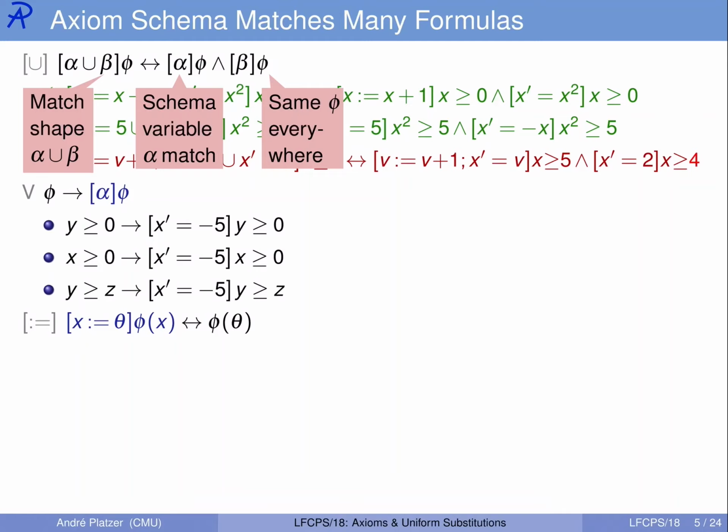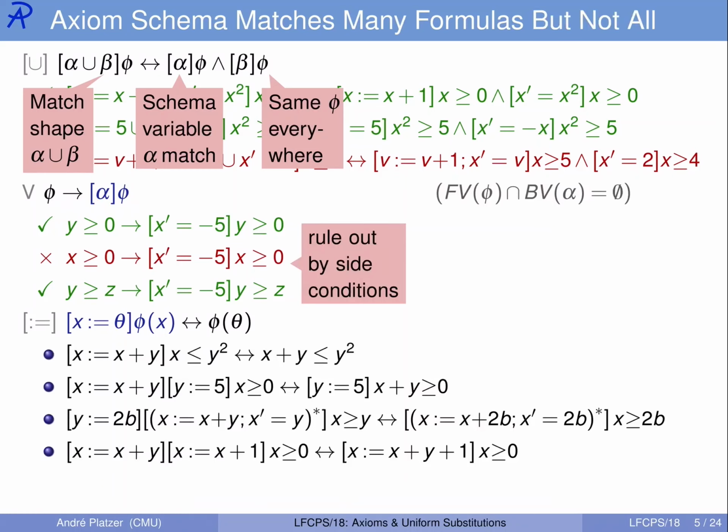And it only gets more complicated for other axioms like the vacuous reasoning principle, which has these as instances, except please not the second one, because that one is actually an incorrect reasoning principle. And that is ruled out by saying, well, this is the reasoning schema, except it comes with side conditions that say, well, please only use it if the free variables of the pre and post condition phi intersected with the bound variables that the hybrid program alpha is writing, if that intersection is empty.